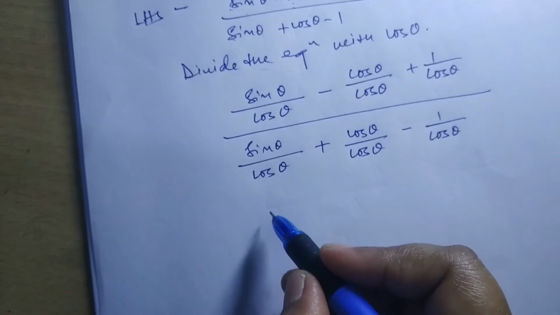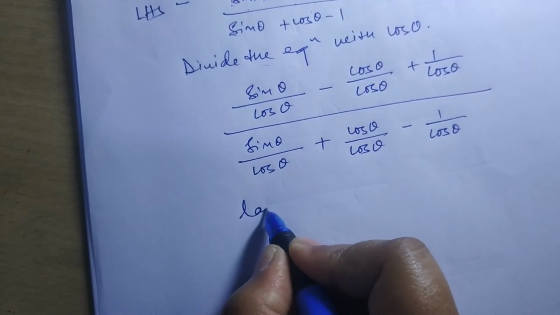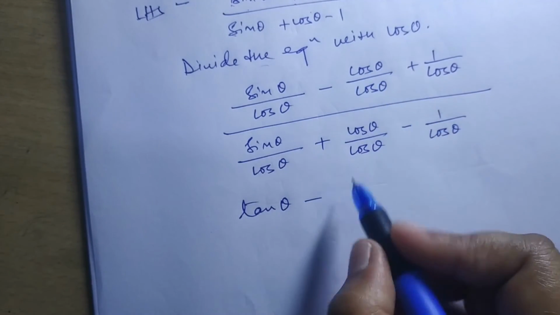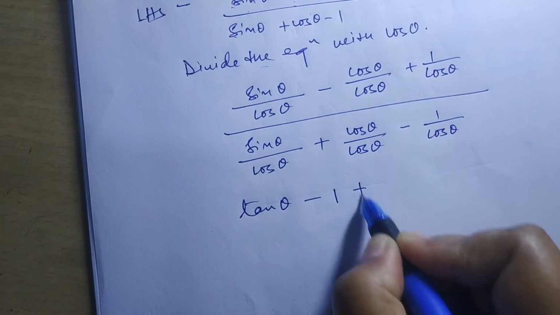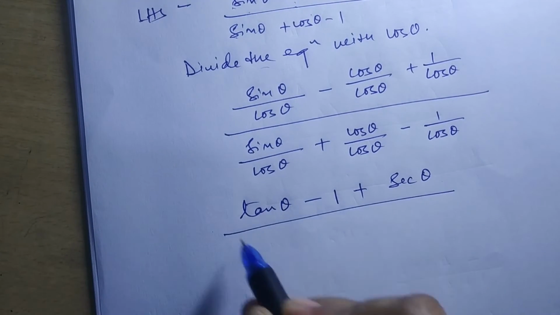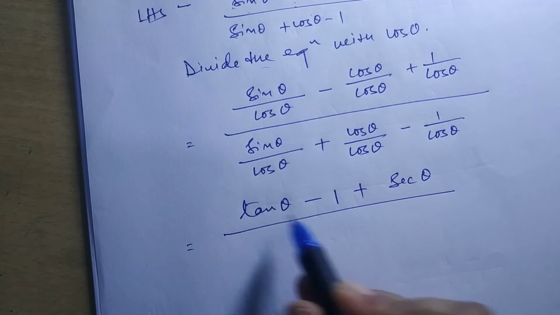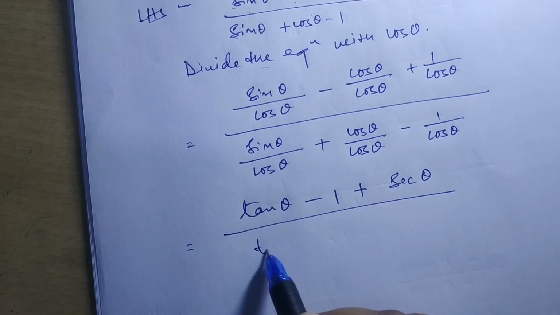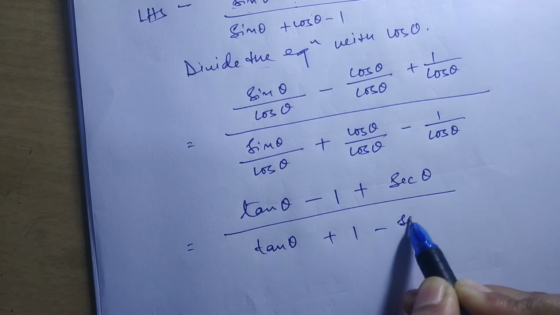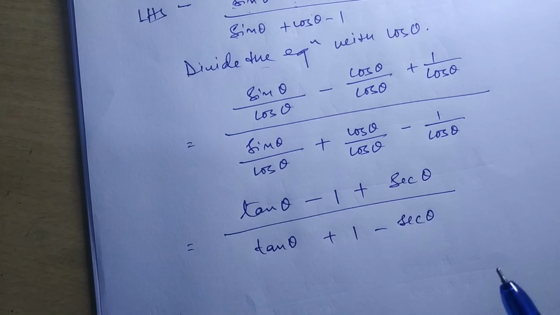What is sin by cos? It is tan. Now you got it: cos theta by cos theta is 1, and 1 by cos theta is sec theta. Similarly, here also tan theta plus 1 minus sec theta. Clear now?